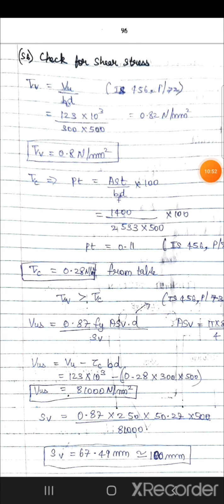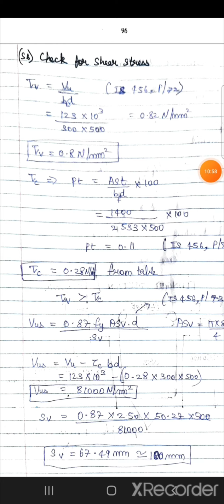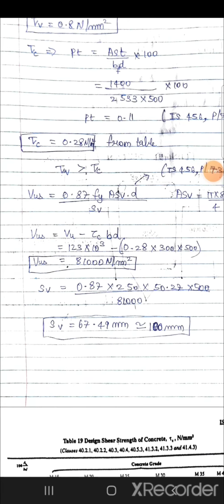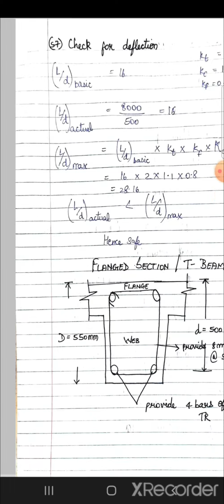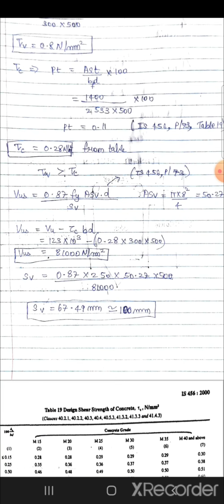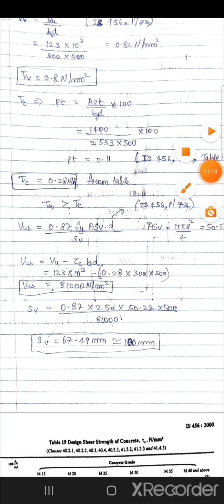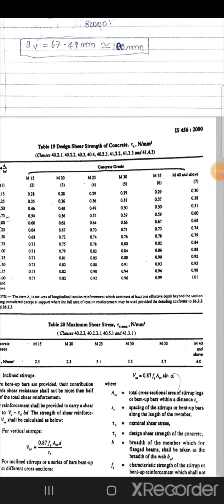Now tau v is 0.8 and tau c is 0.28. So tau v is greater than tau c. Since it is greater, there are some conditions which are given in IS456 2000 page number 72.